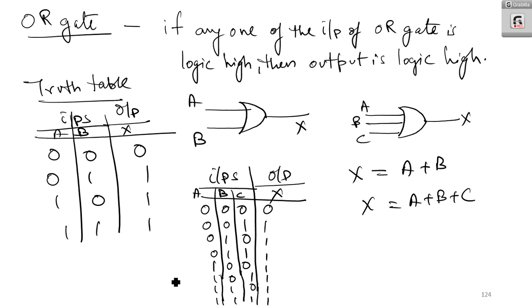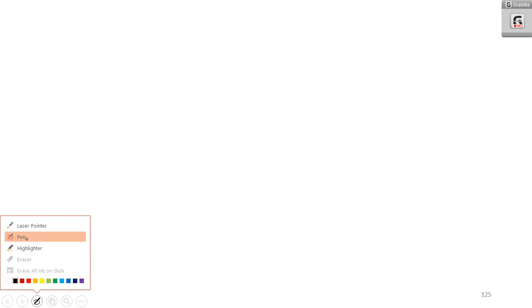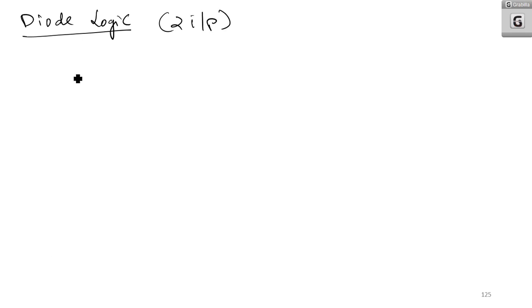Okay. Now coming into the diode logic of this OR gate. So I will explain the two input. Okay.